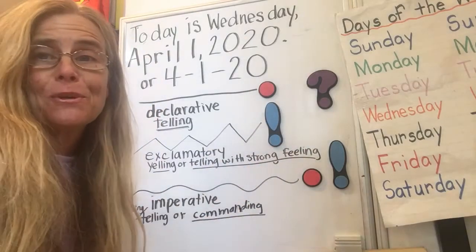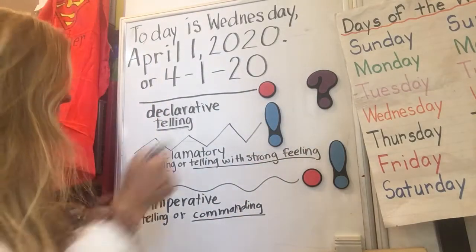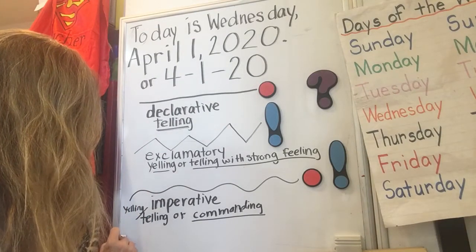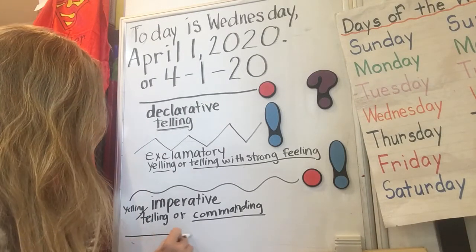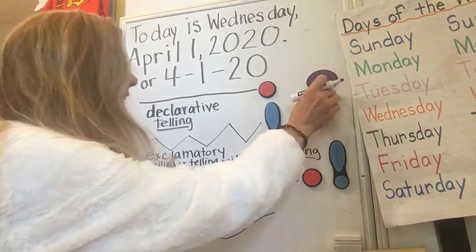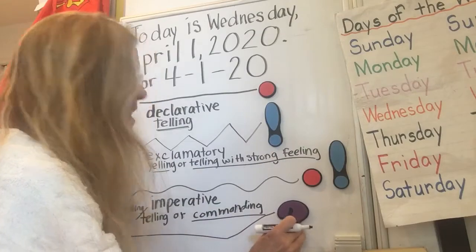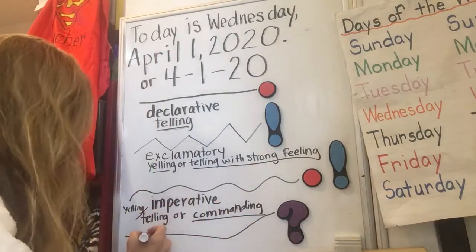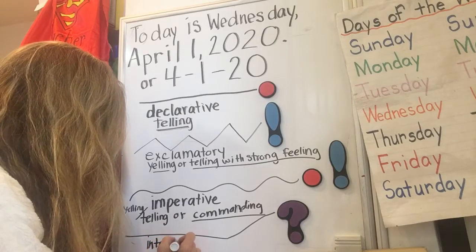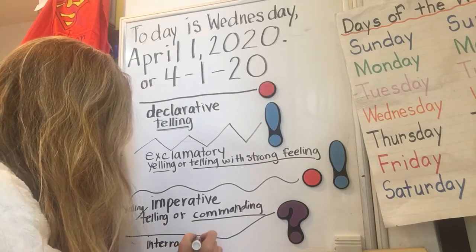So there's one I haven't used. Have you figured it out? It's the one that goes with a voice that is pretty stable and then goes up at the end. And that's interrogative.